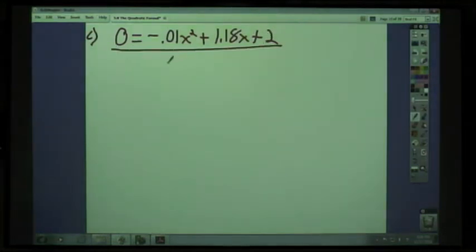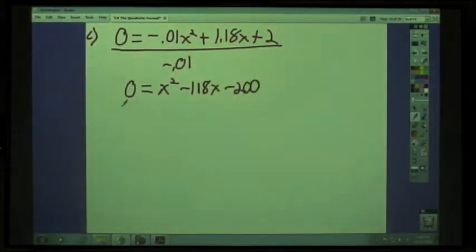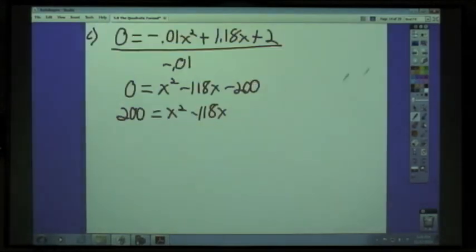Again, you're going to have to divide that negative 0.01 out. So what you're going to end up with here is 0 equals x squared minus 118x minus 200. When you add the 200 over to the other side, you're going to get x squared minus 118x equals 200. The good news is you've already done the hard work here. You've already divided the 118 by 2 and squared it.